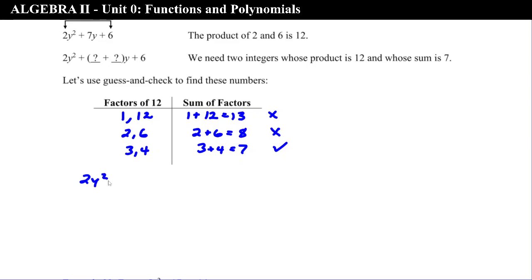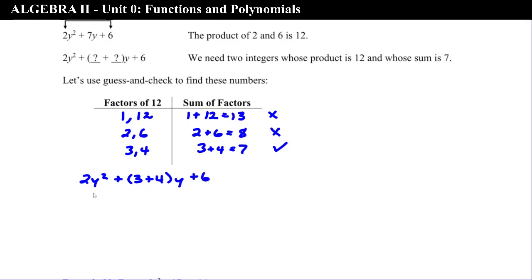So you've got 2y squared in the front, that doesn't change, but we're going to break it down to 3y plus 4y. We're breaking down that middle term into a sum. So 3 plus 4 is 7, so we haven't changed anything about this trinomial. All we've changed is how it looks.